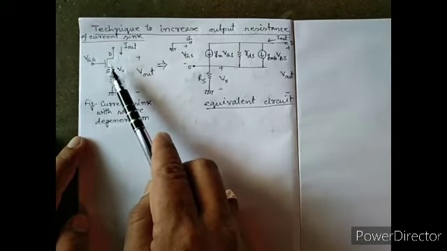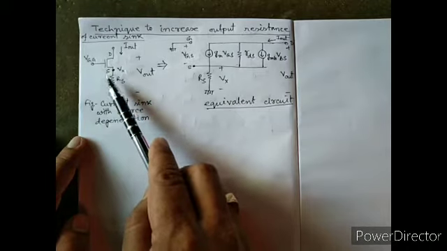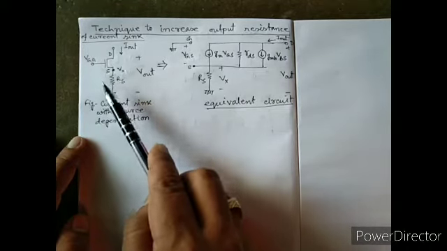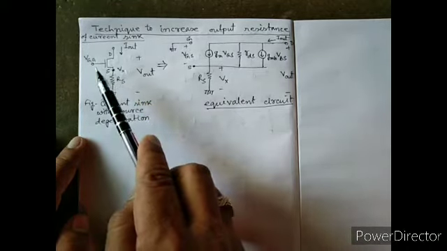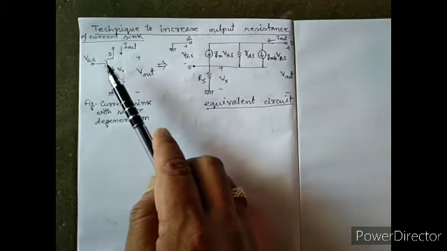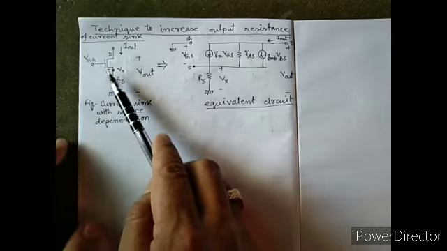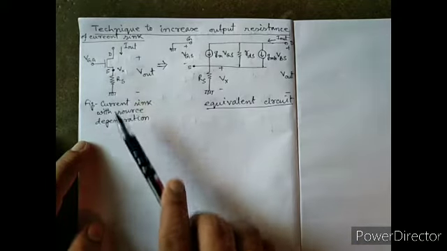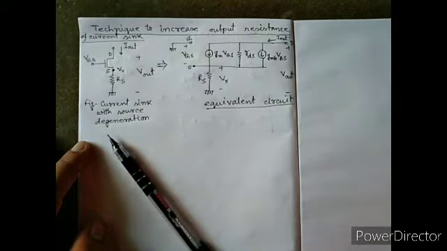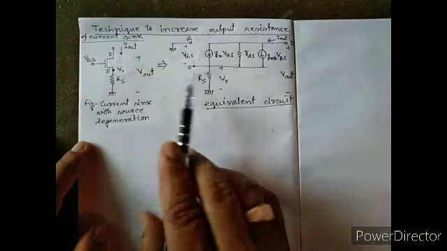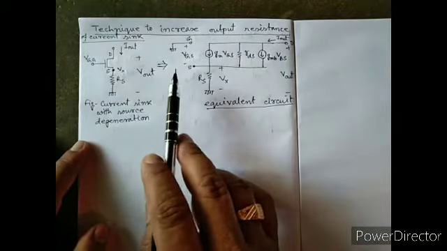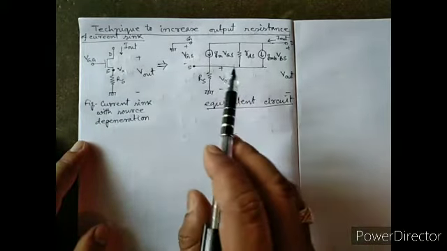The resistance which we are connecting at the source terminal will add to the transistor output resistance. Let's see how this is increasing the output resistance. To find the output resistance, we have to analyze the AC equivalent circuit.